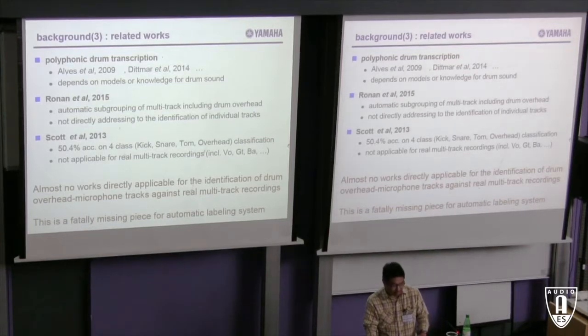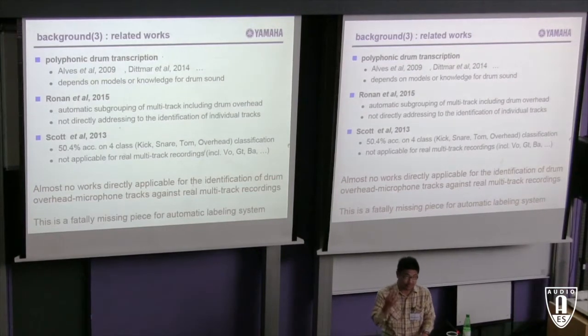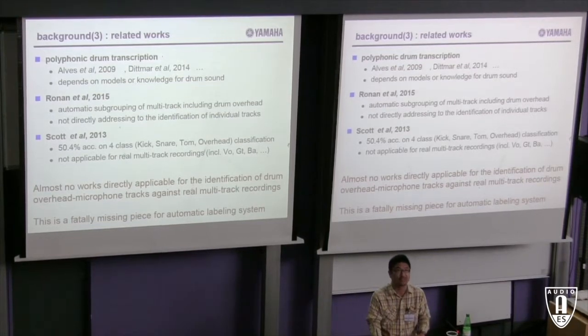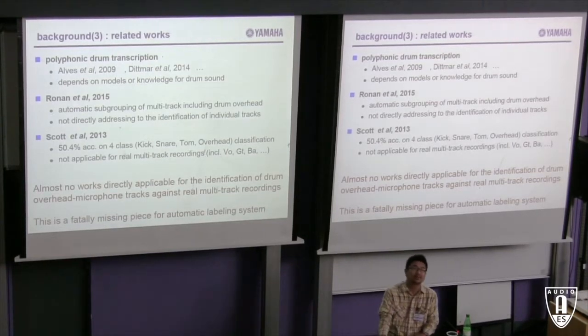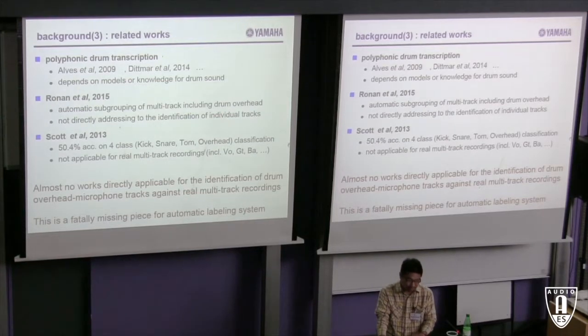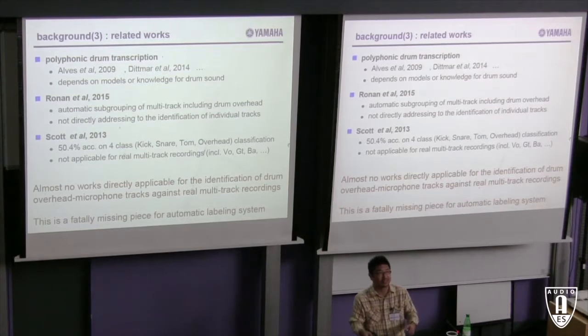They tried 4-class drum sound classification, including overhead, but there were only 4 classes and drums only, so it's hard to expect that this is directly applicable to real multi-track recordings that include not only drums, but also vocal, guitar, bass, and so on. So as a conclusion, I think there are almost no works directly applicable to the identification of drum overhead, and this is a fatally missing piece toward building such an automatic labeling system. That's the motivation of my work.